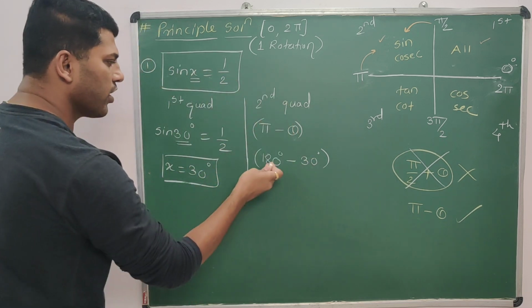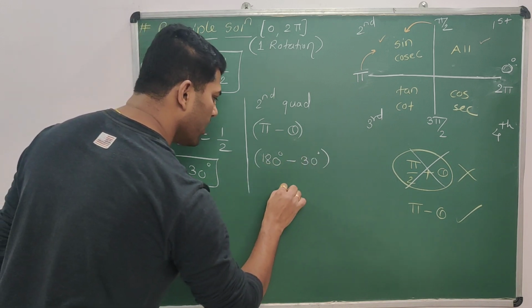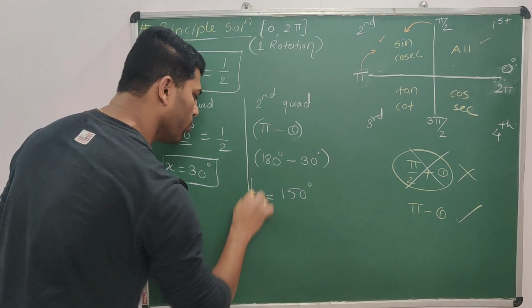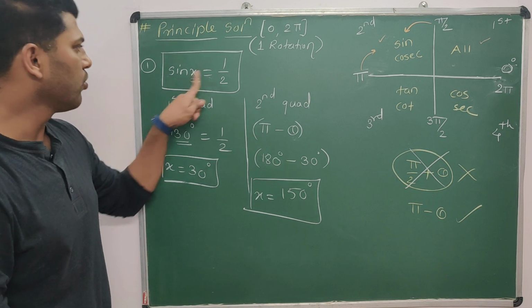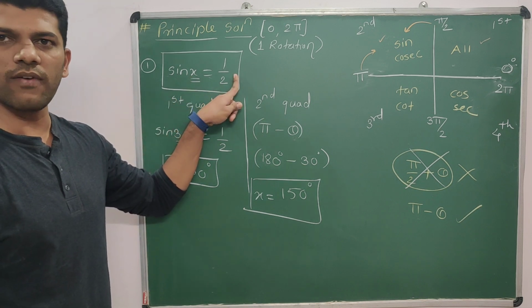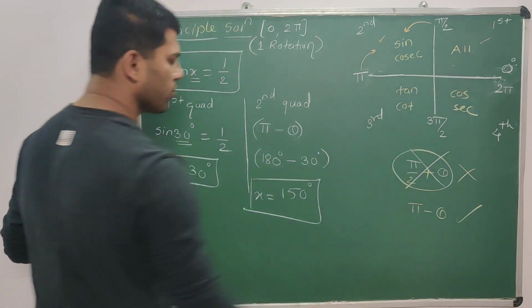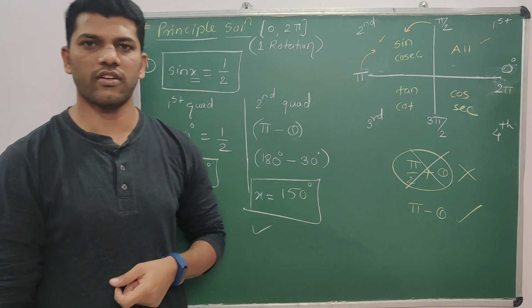So friends, tell me what is 180 minus 30 then. So 180 minus 30 is 150 degree. So here we got the second solution. Definitely for x equal to 150 degree, you will get solution half. So there are two solutions: 30 degree which lies in first quadrant and 150 degree which lies in second quadrant.